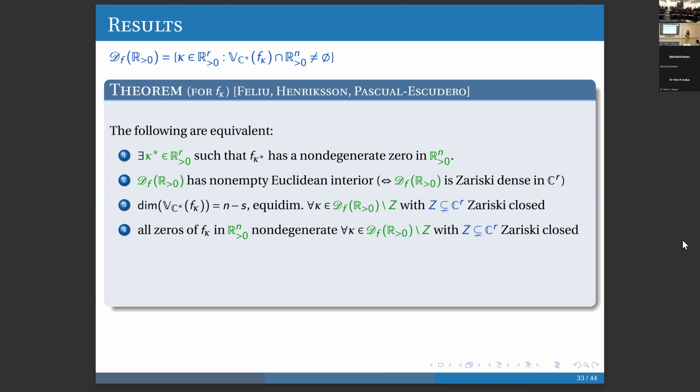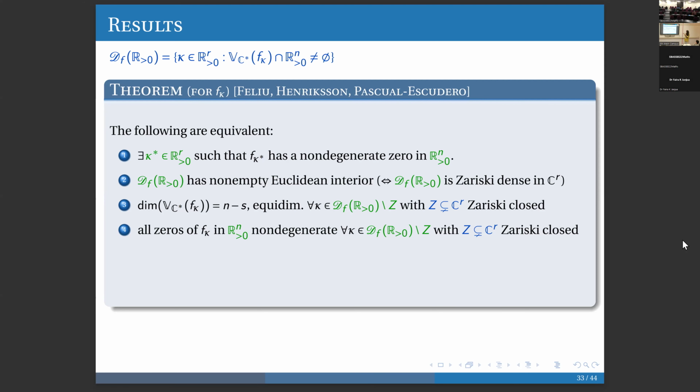So a non-singular point that lives in a component of the right dimension and intersects in a single component of the right dimension. If I can find such a K, then the set of parameters for which there are positive steady states is big enough, is Zariski dense. Then also the dimension is what I expect. The codimension is given by the number of equations.